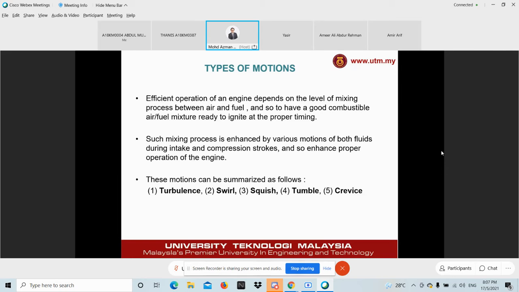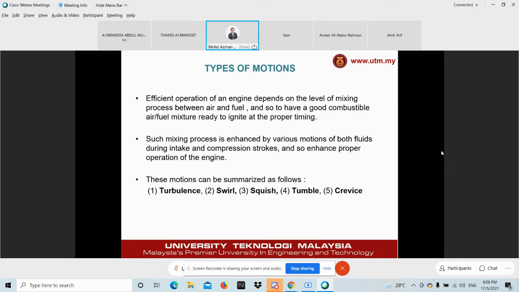It depends. Some engines are designed for turbulence, some engines are designed for swirl, and some other engines are designed for squish, tumble, and so forth. It's very difficult to have different motions in one engine. They are usually designed for certain motions.